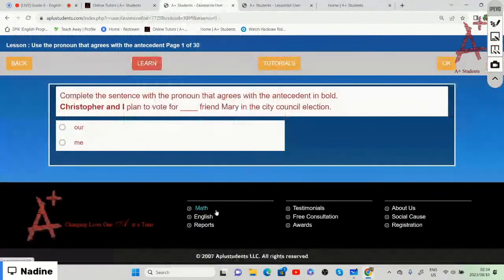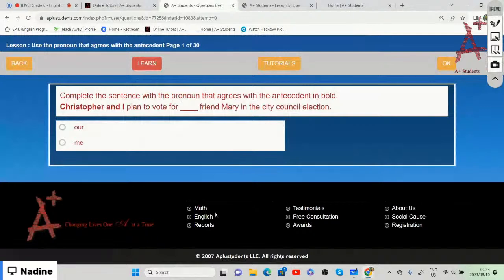All right, let's go to our test where we use the pronoun that agrees with the antecedent. So we need to complete now the sentence with the pronoun that agrees with the antecedent in bold. So Christopher and I is the antecedent in bold, right?